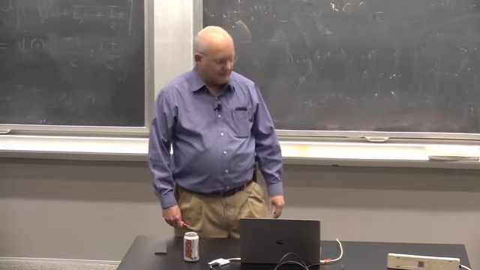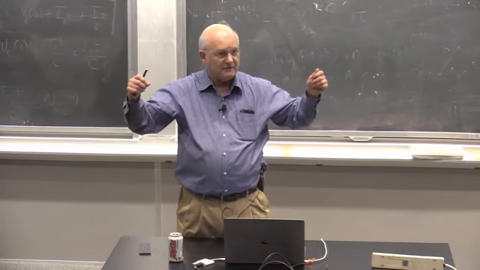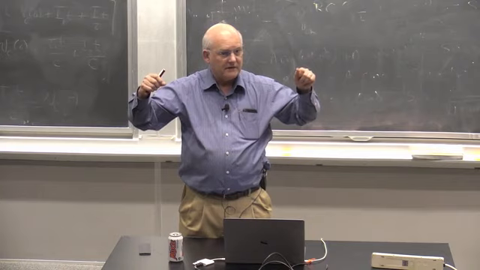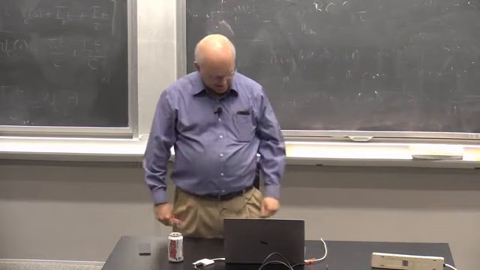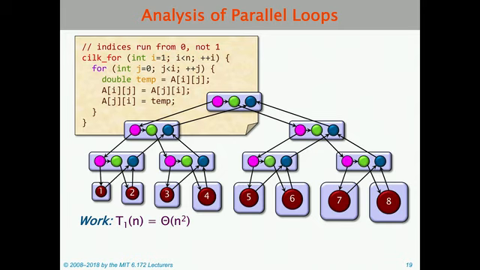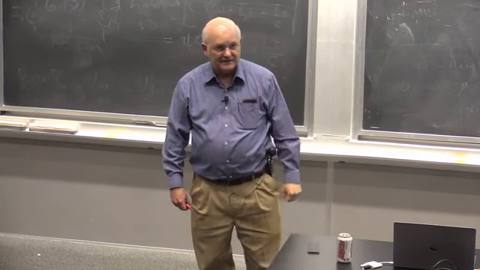Okay, another way of thinking about this is, you've got a complete binary tree that we've created with n leaves. How many internal nodes are there in a complete binary tree with n leaves? That is, nodes that have children.